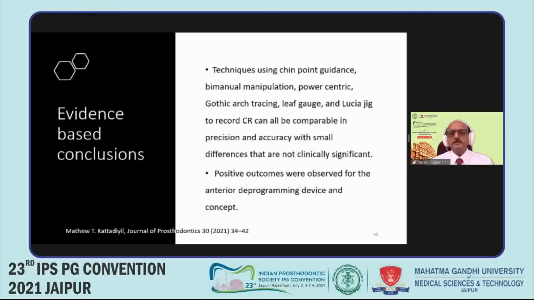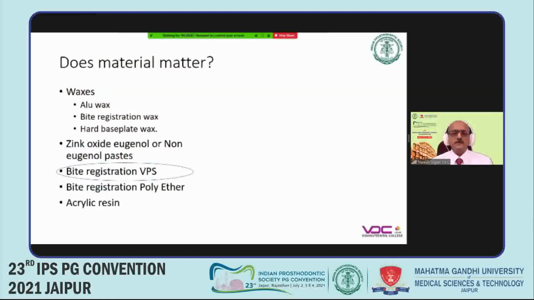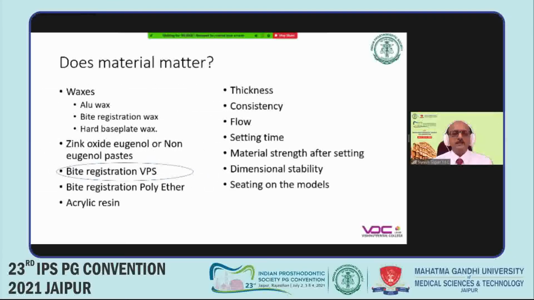With these techniques there are very small differences, and the anterior deprogramming device as advised by Roth is what is going on. The materials used for bite registration also matter. There are so many materials that have been advised, and most commonly we use polyether and polyvinyl siloxane.